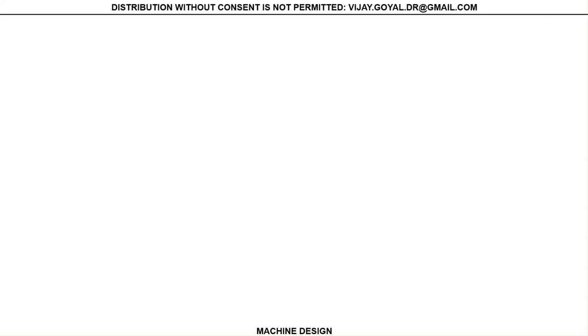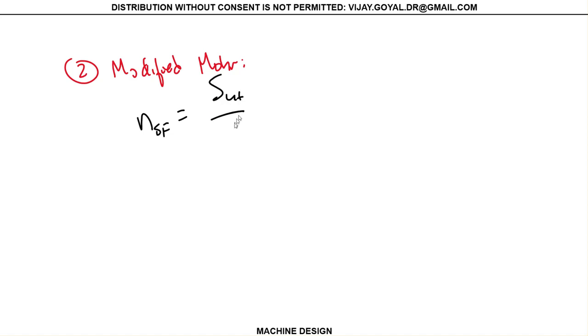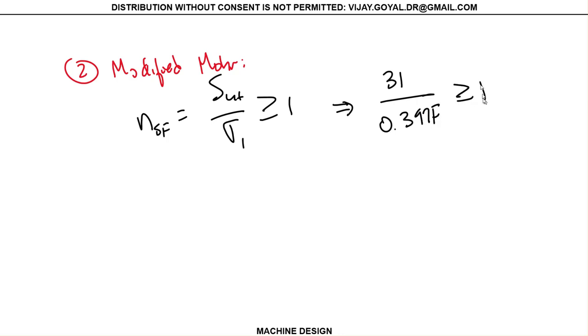So your modified Mohr factor of safety is SUT over sigma 1, bigger or equal than 1. When you replace all the values, you find 0.397 F bigger or equal than 1, solve for F, and F is less or equal than 78.09.